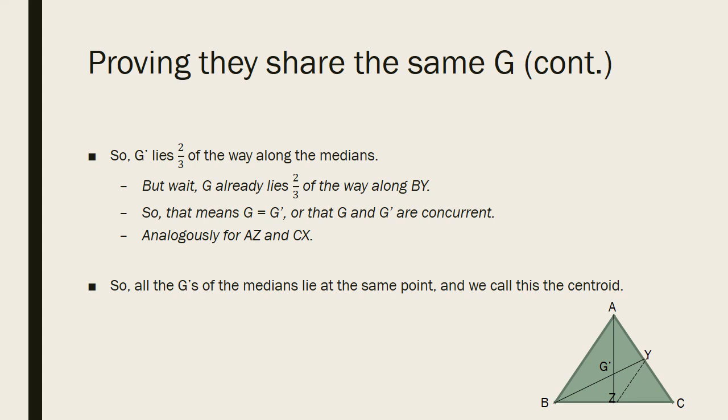So what we have just shown today is the definition of a centroid being the intersection of the three medians of a triangle, and that the centroid lies 2/3 along the way of a median from the vertex.